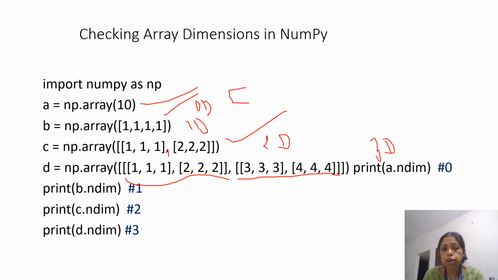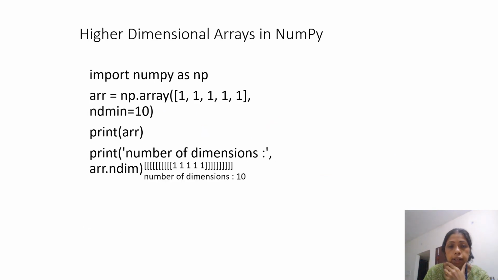Zero dimensional, one dimensional. If you write the array name dot ndim, it will tell you how many dimensions the particular array has. So here if you write 1, 1, 1, 1 comma ndmin is equal to 10, that means for one array we are providing all the values 1, 1, 1, 1, and then we put the dimension, ndmin is equal to 10.